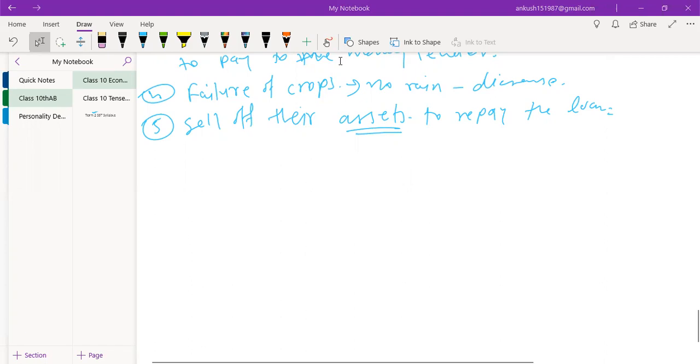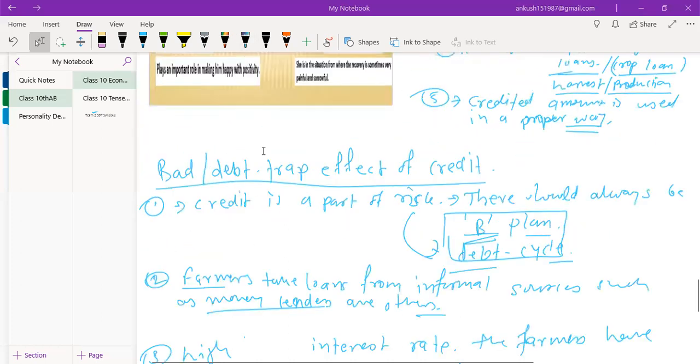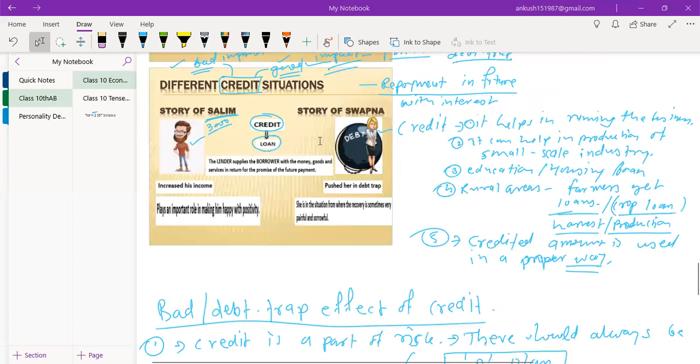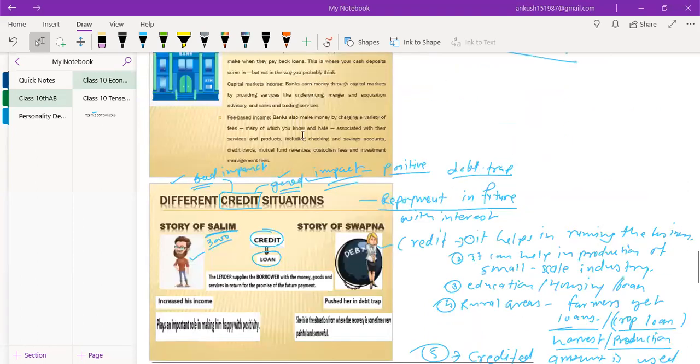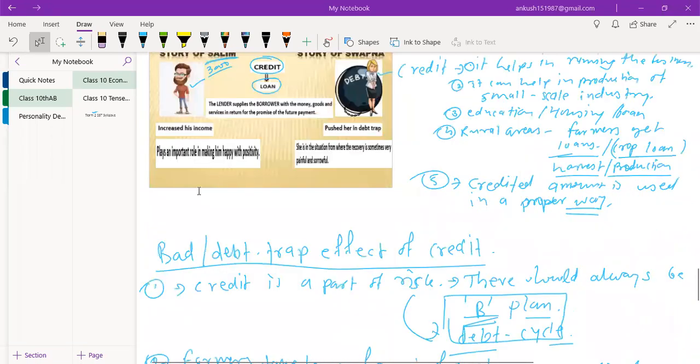Okay, now till this, have you got the point? Whatever the credit forms and what kind of things can happen to the borrower if it goes the right way, with a positive impact, credit can make the person happier than before in his life. And sometimes it may be a problem like Swapna's, if the person is not able to repay the loan in time, he may be pushed into a debt trap.